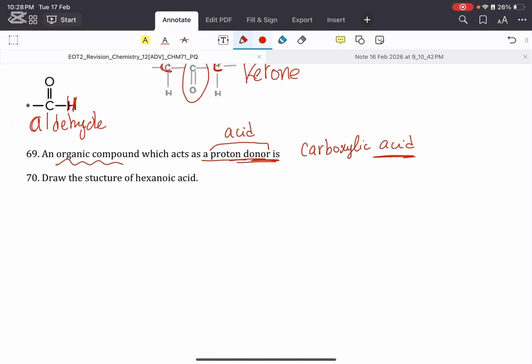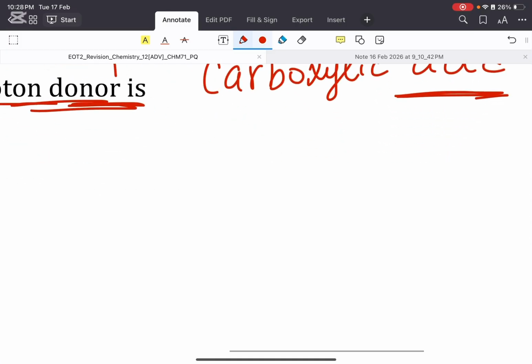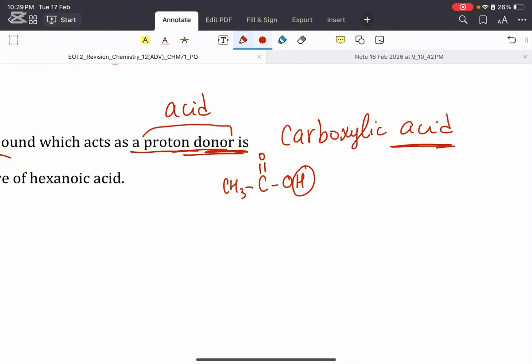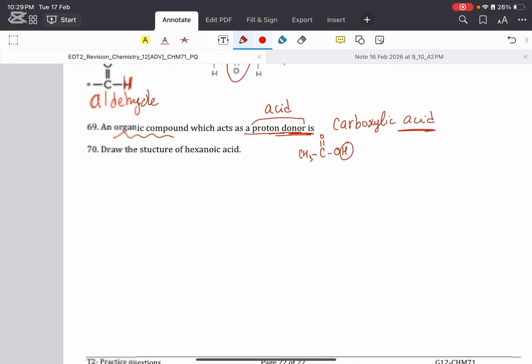If I look at the structure of carboxylic acid, this acid can donate this hydrogen to another molecule or another compound. That's why we call it a proton donor.